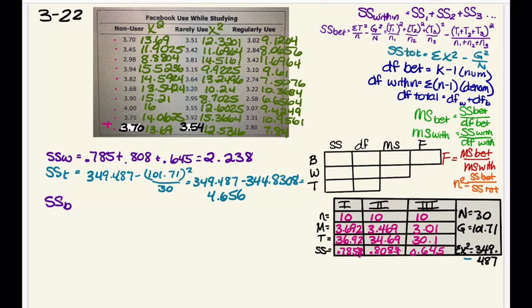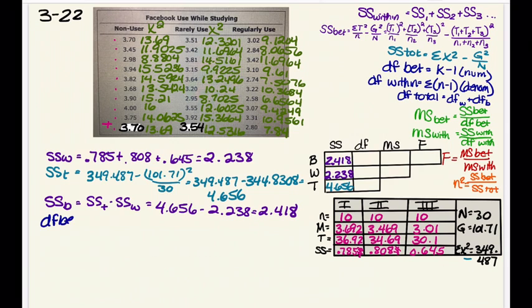4.656. Using these two, we can calculate sum of squares between by taking the sum of squares total and subtracting the sum of squares within. This way, we come up with a total of 4.656 minus 2.238, which equals 2.418.